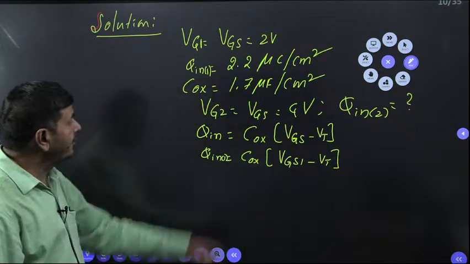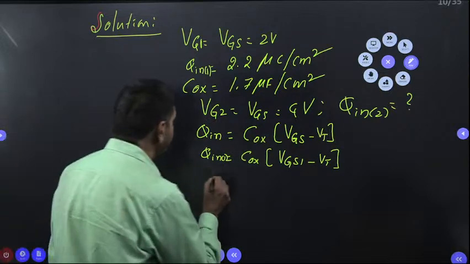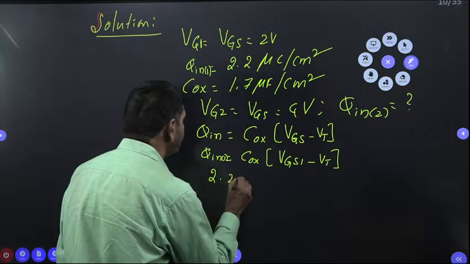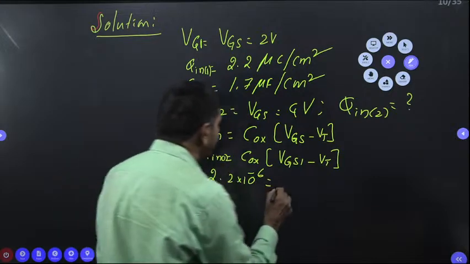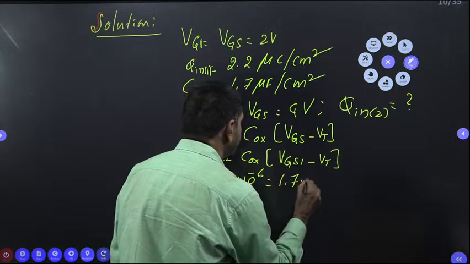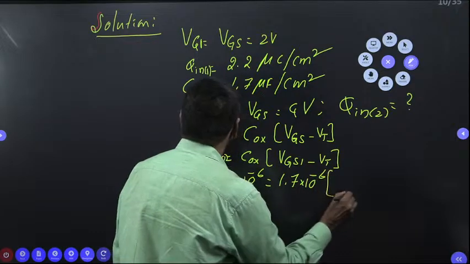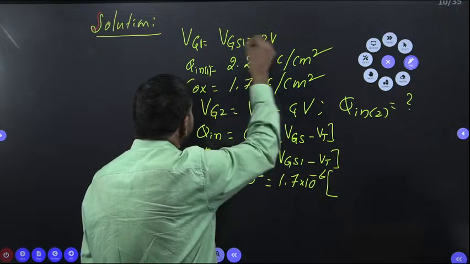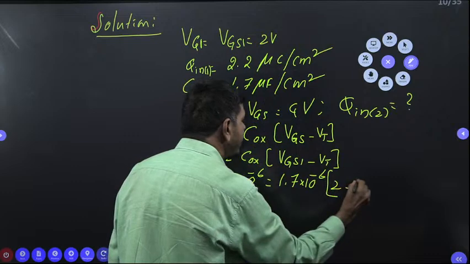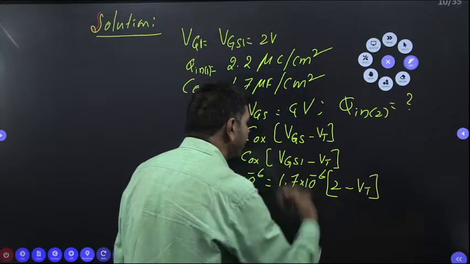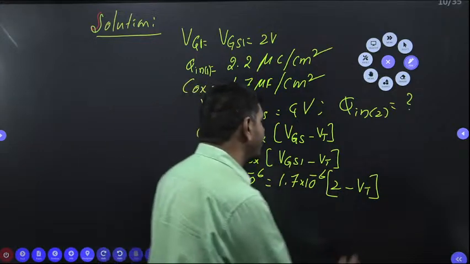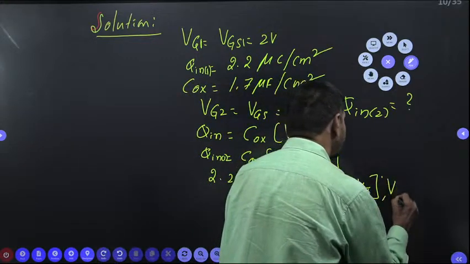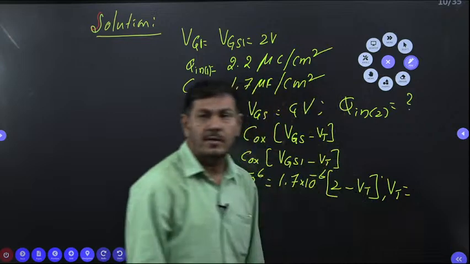We know very well Qin1 is given as 2.2 microcoulombs, 2.2 into 10 power minus 6, and COX is given as 1.7 into 10 power minus 6, and VGS1 is given as 2 volts in the first case. VT is unknown. Yes, you can determine the VT value here now. Use the calculator and please give the VT value. Anybody can give this VT value? What VT are you getting? Please give me.